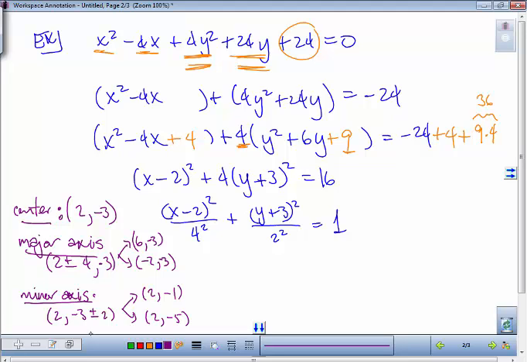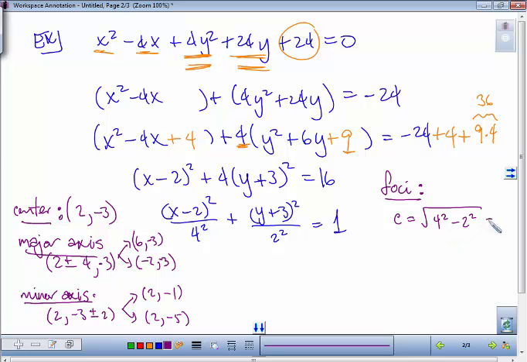The foci are not part of the drawing of the ellipse, but it would just be good to find out what they are. So let's find our foci. And for that we need a c. And then I think it's the difference squared, or is it the sum squared? Difference. So let's take a, which is 4. 4 squared minus 2 squared.